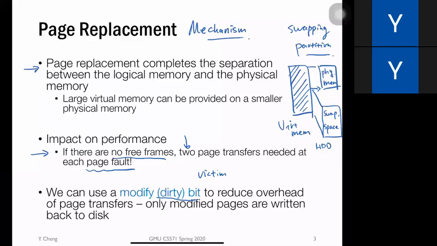So this way, you basically save 1 extra page transfer. Basically, you save 1 disk I/O. So this is how exactly this optimization works, right?